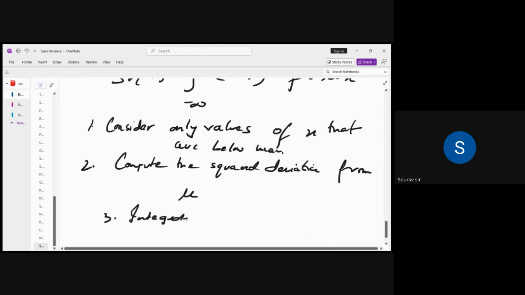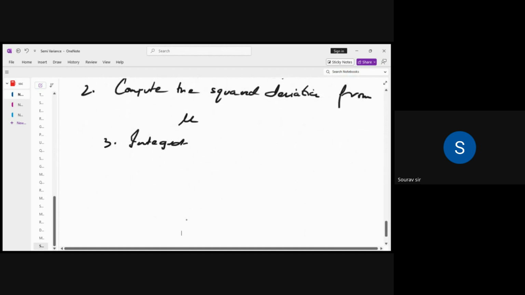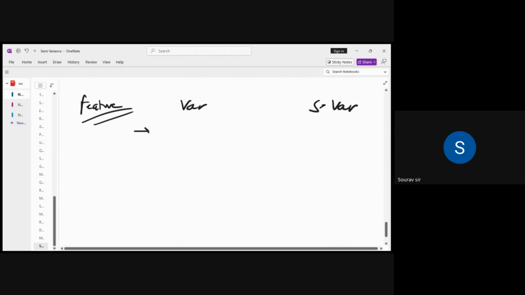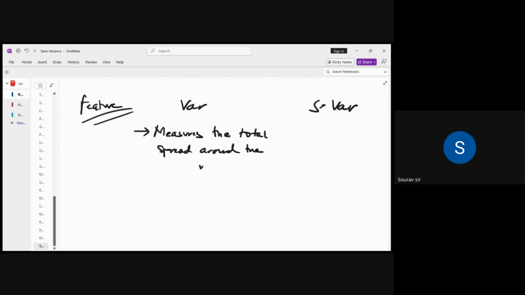So what are the key differences between variance and semi-variance? Variance measures the total spread around the mean, and semi-variance measures the spread of negative deviations only.